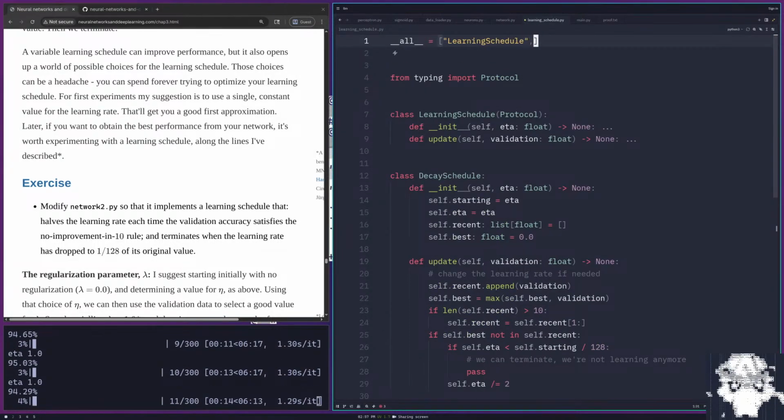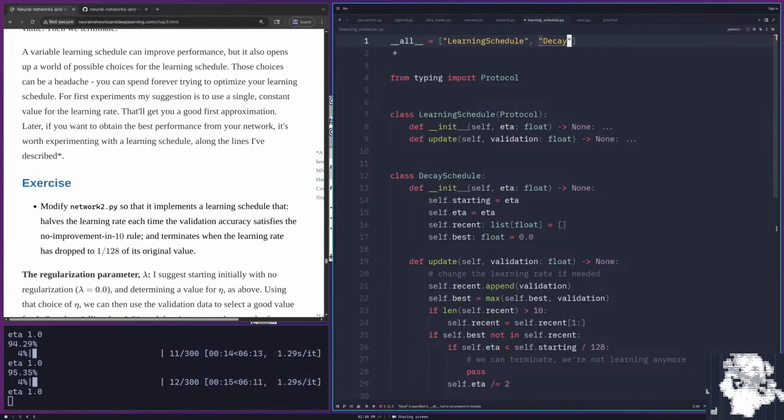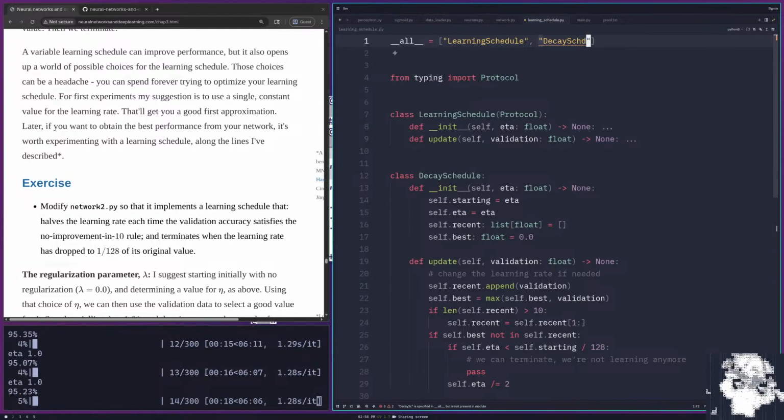And I should export the other two types of things here. Decay schedule. And constant schedule.